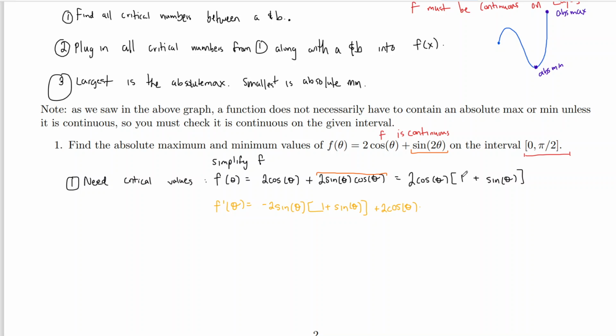Well, the derivative of 1 is 0, and the derivative of sine of theta is just cosine of theta. So it's just cosine of theta, the derivative of the second. Now let's go ahead and simplify. Distribute the minus 2 sine of theta through, you get minus 2 sine of theta minus 2 sine squared of theta, and then plus 2 cosine squared of theta.